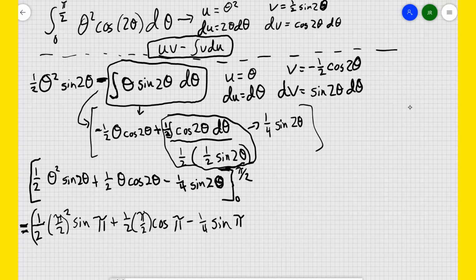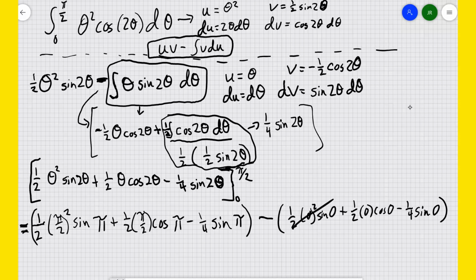Okay, so all that minus 1/2 times 0 squared sine of 0, 2 times 0 is 0, plus 1/2 times 0 cosine of 2 times 0 is 0, minus 1/4 sine of 2 times 0 is 0.